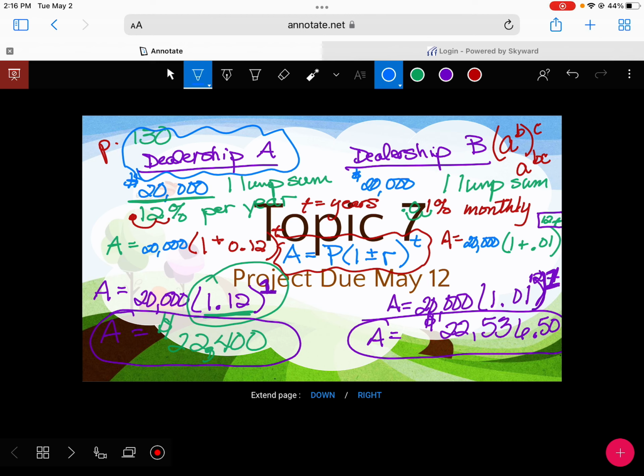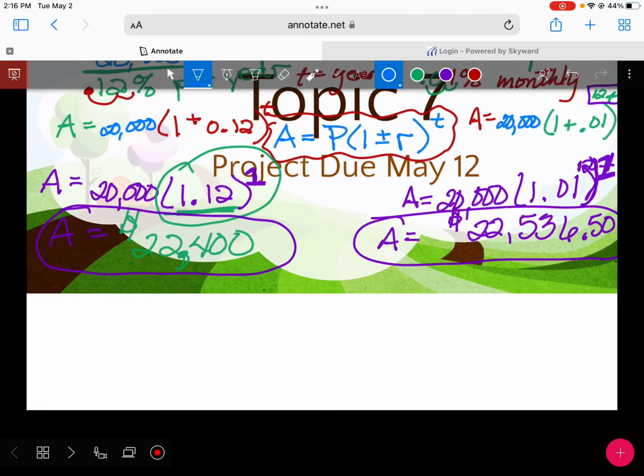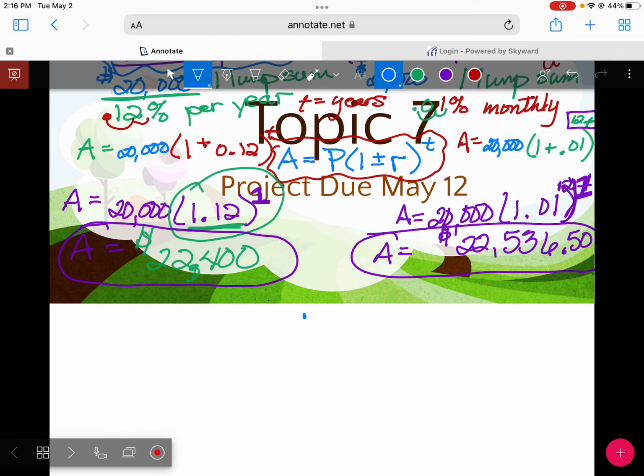Now, let me show you one more thing. If I did this in terms of months, because this was all for the year, right? If I did this in terms of months, okay, we had my rate over here. It was 20,000 times 1.01, and it was to the T power, right? Whatever month it is.